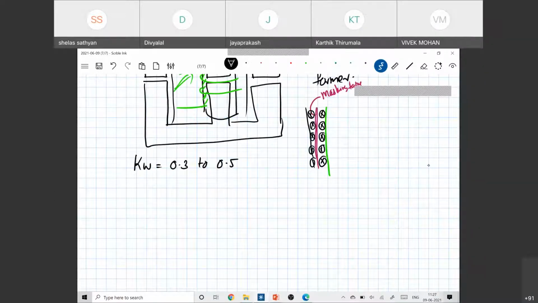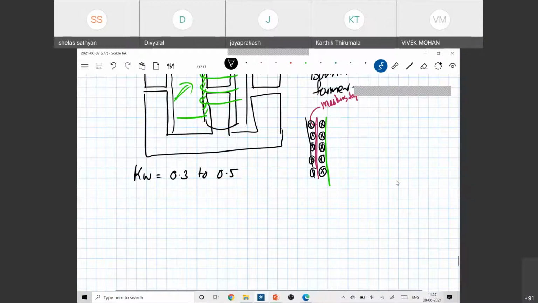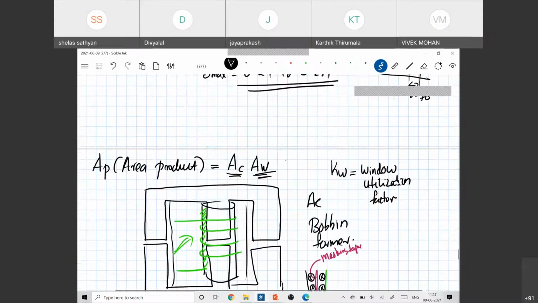KW of 0.5 means only 50% of the available window area we could use for winding. The remaining 50% will be occupied by the insulating materials, bobbins, etc. So that is the meaning of KW. So area product is nothing but the area of this window multiplied by the area of this core.